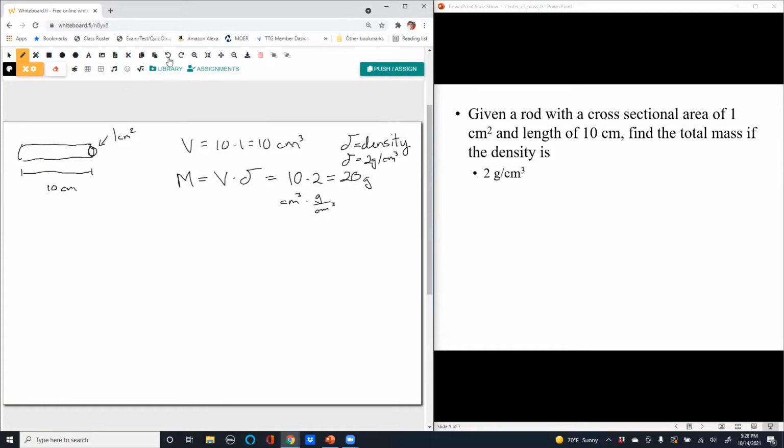So, one of the things I will do a little bit in this section and also the next section is talk a little bit about units to make sure we're making sense of the problems and the structure. Now, this did not involve any calculus. This is a basic multiplication problem, okay?